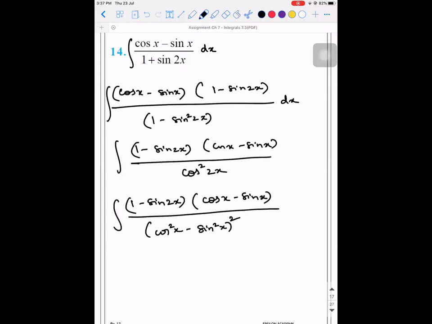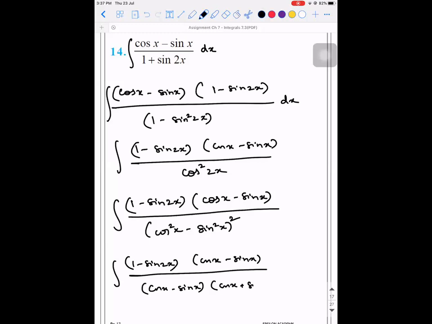Then cancel one cos x minus sin x, into cos x plus sin x the whole square.